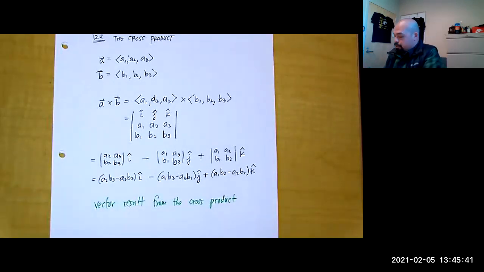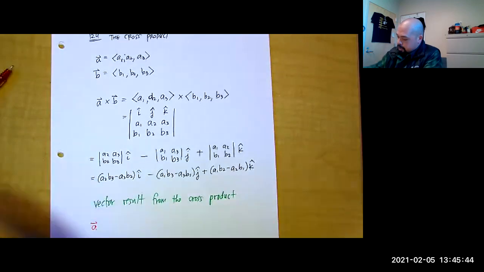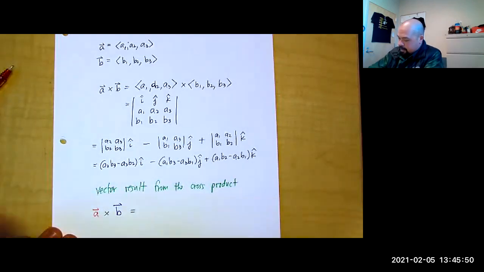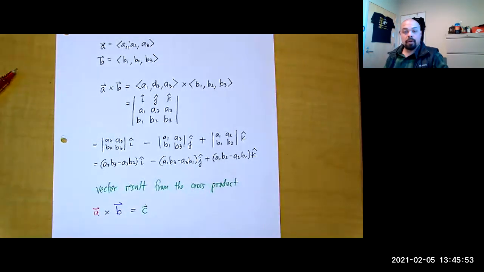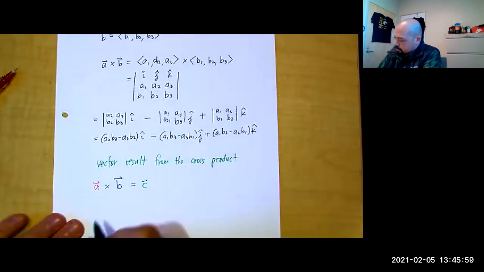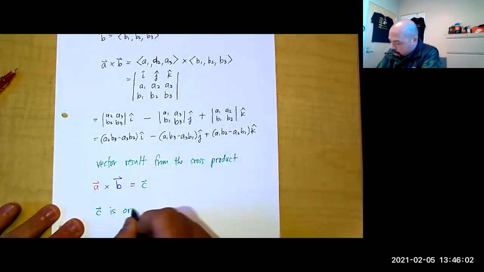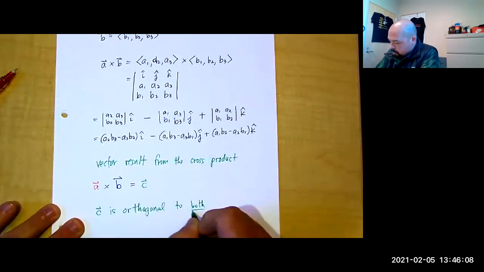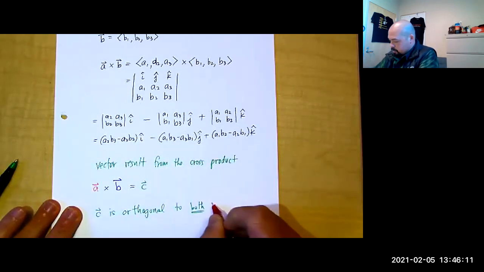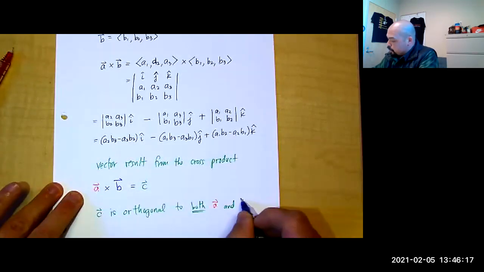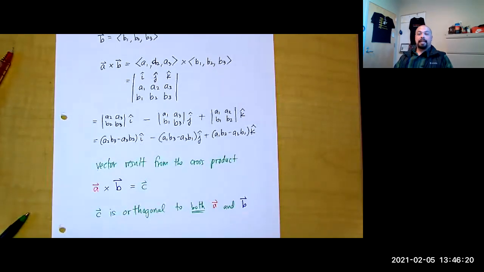And what we find is that when we do a cross product between 2 vectors and we get a vector result, and we call it C, the key property here is that vector C is orthogonal. It's perpendicular to both vector A and vector B. So this is producing a new vector that's going to be perpendicular to the original 2.